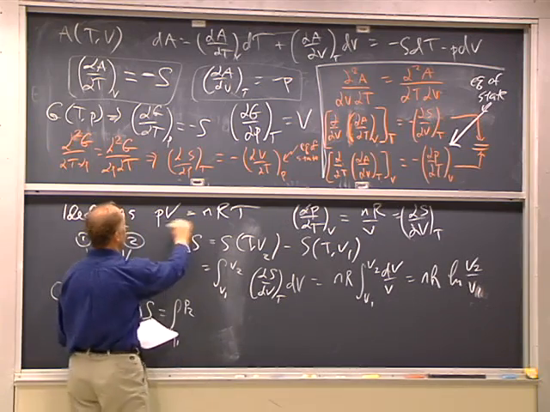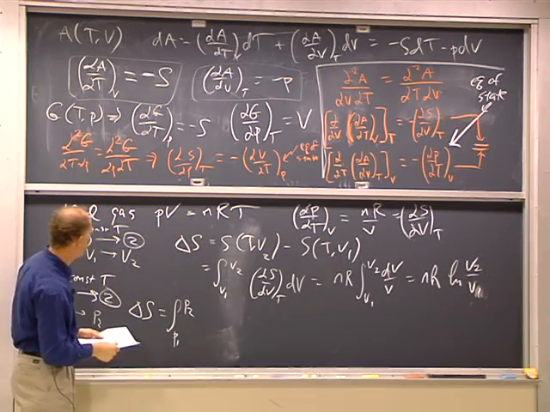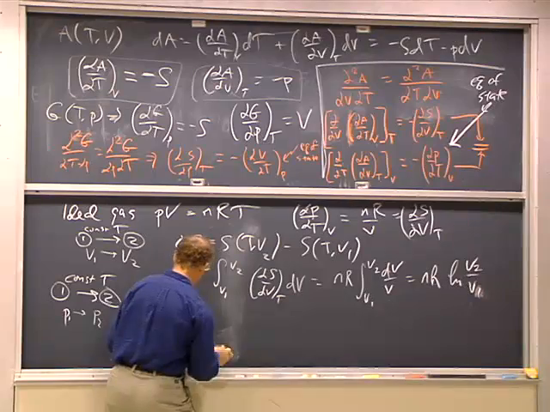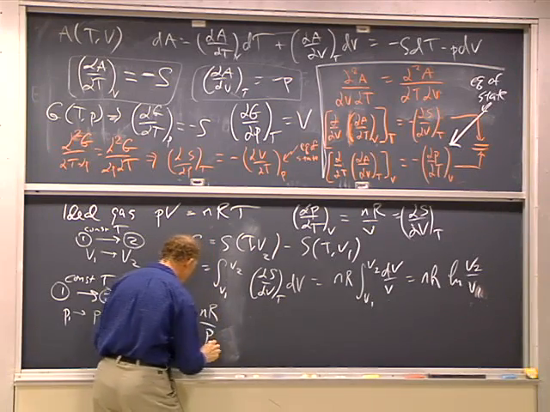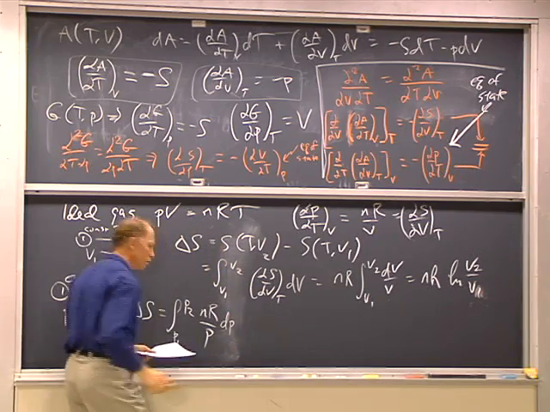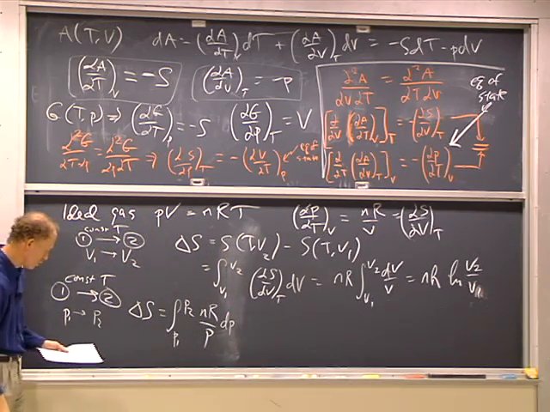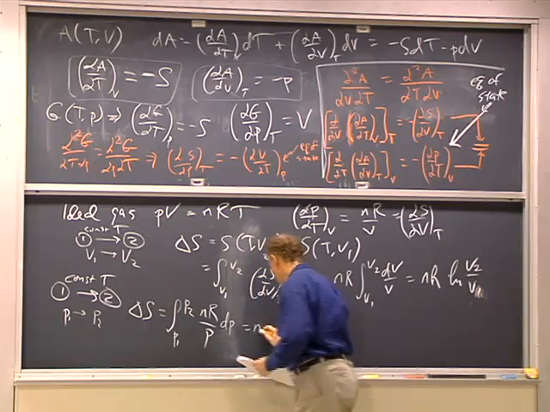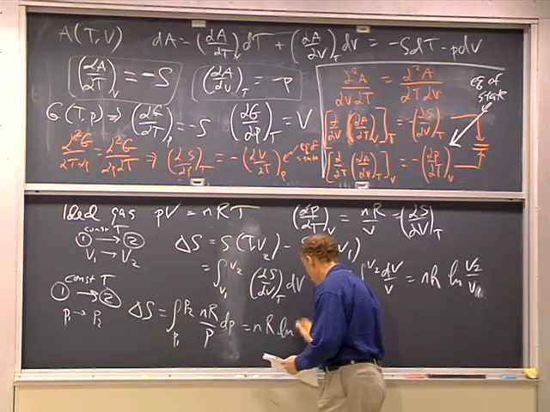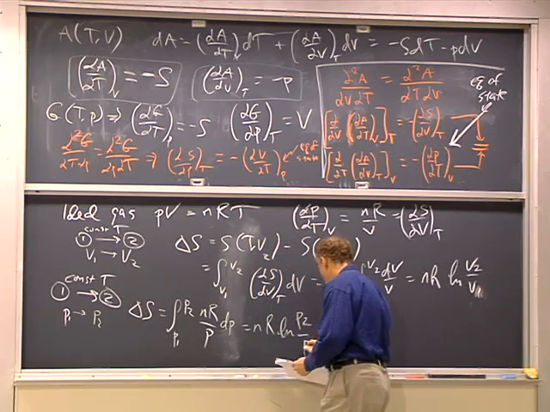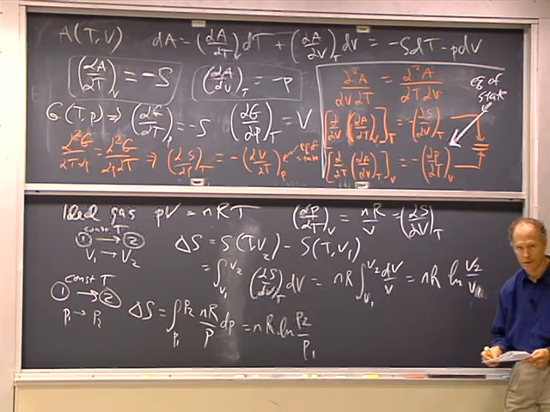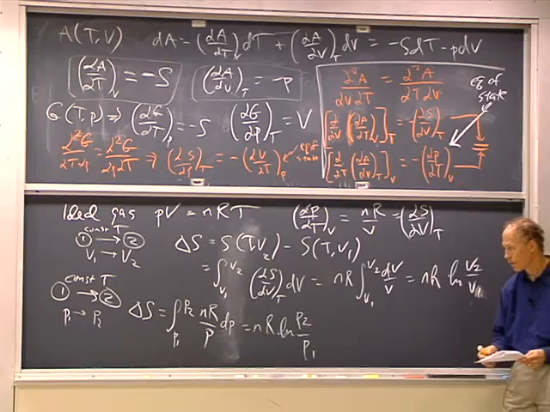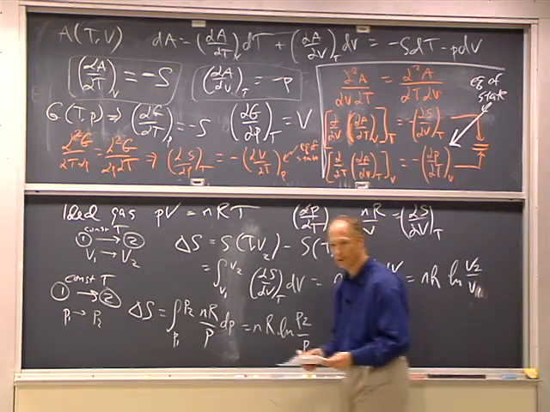And so, of course, it's still PV equals nRT. So now we just have nR over P dP. So we're going to see the same story. It's nR log of P2 over P1 for the process where there's a pressure change.